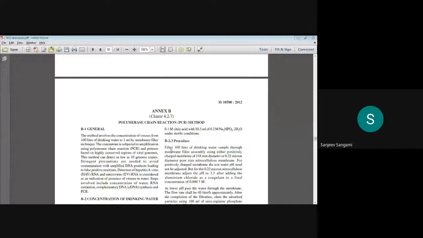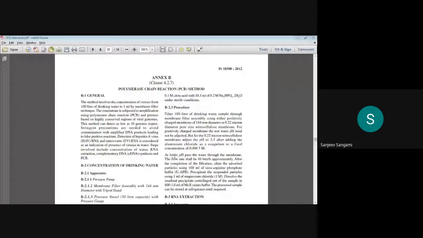What is the significance with respect to drinking water? In the next 2 to 3 classes we'll try to complete these water quality parameters.